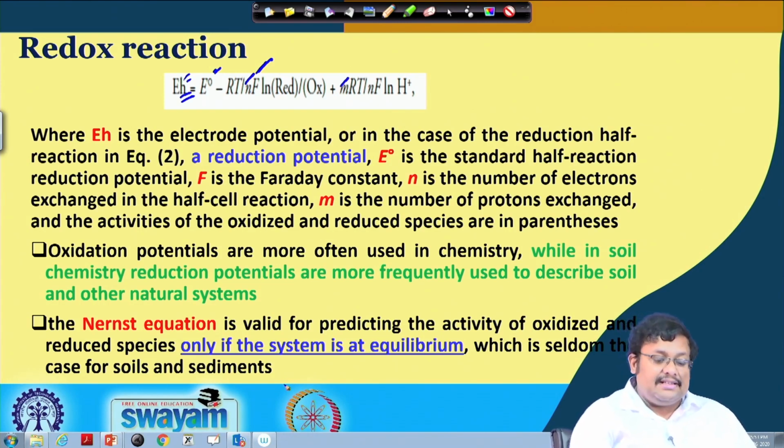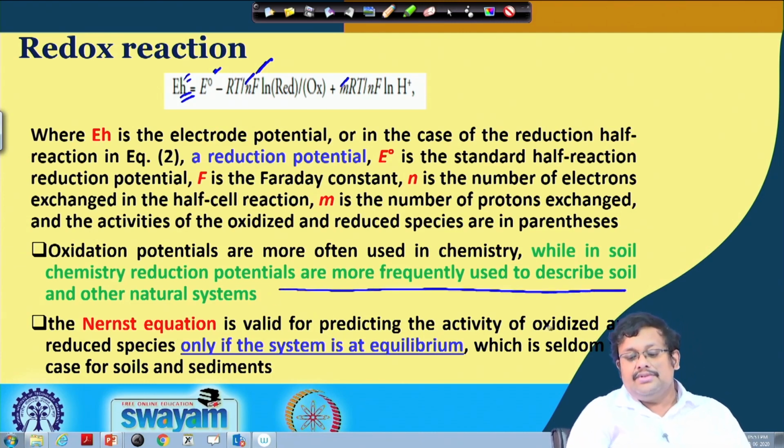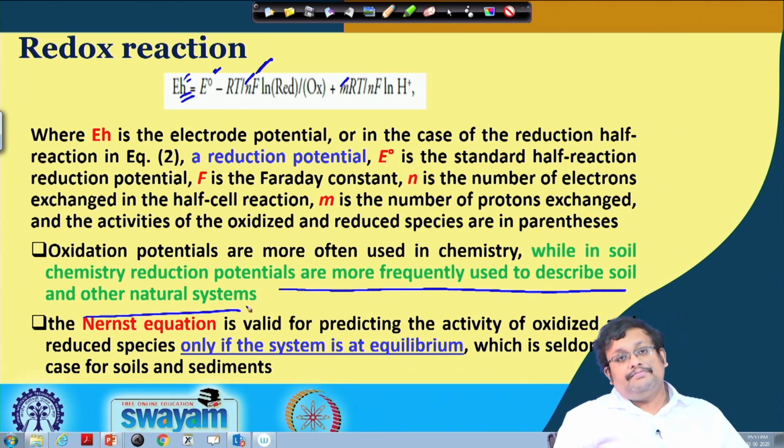Remember that oxidation potentials are more often used in chemistry, while in soil chemistry, reduction potentials are more frequently used to describe soil and other natural systems.